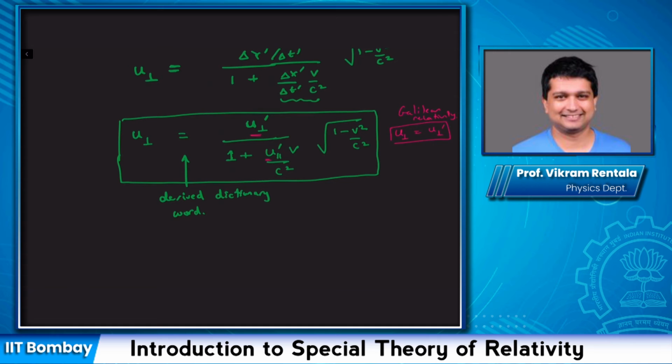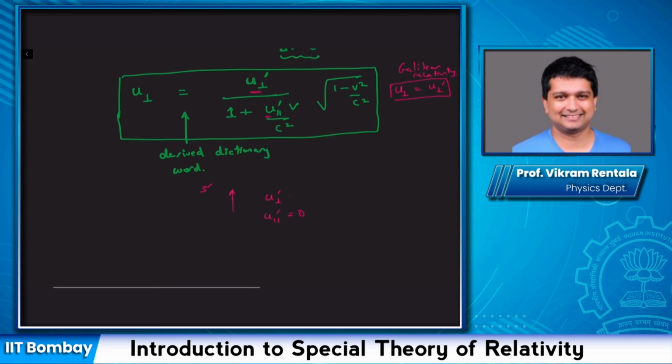Now, in a particular limit, suppose the object has only a perpendicular velocity in the frame S prime, then u perpendicular prime is non-zero, but u parallel prime is 0. And in that case, u perpendicular is u perpendicular prime times the square root of 1 minus v squared over c squared.